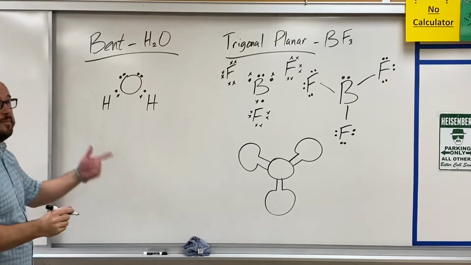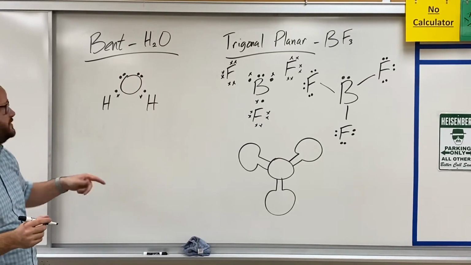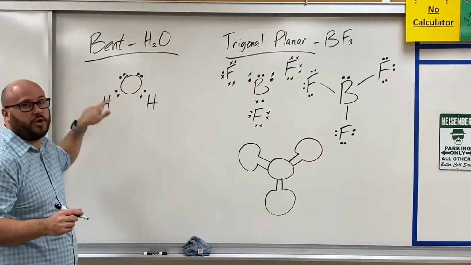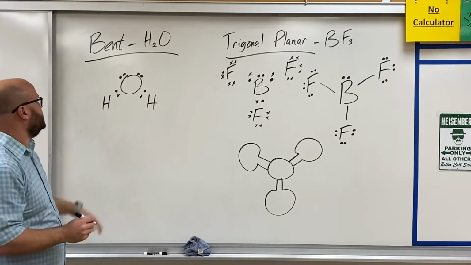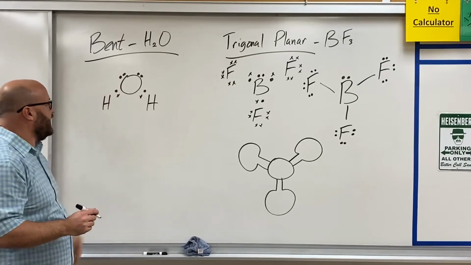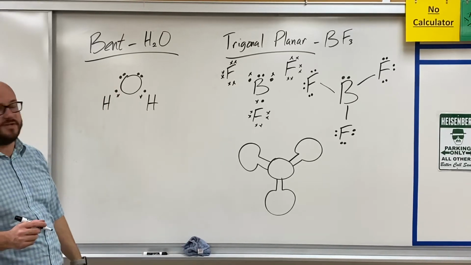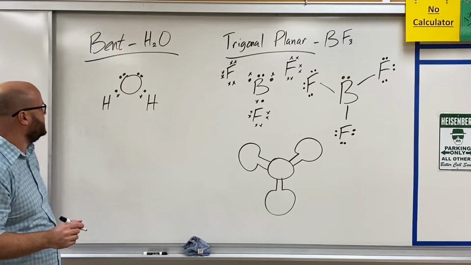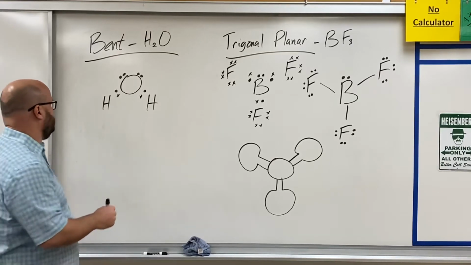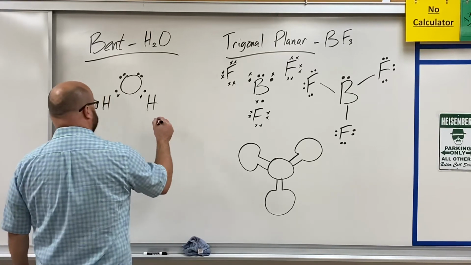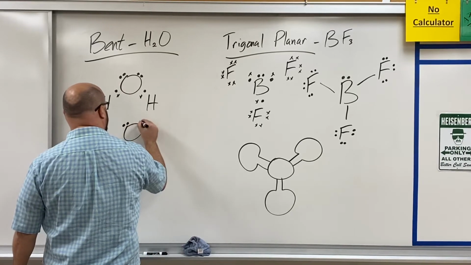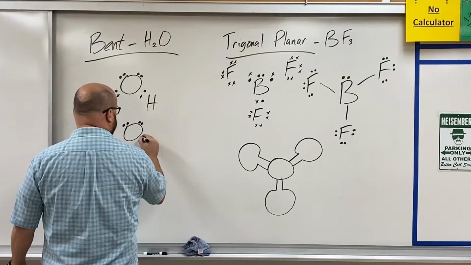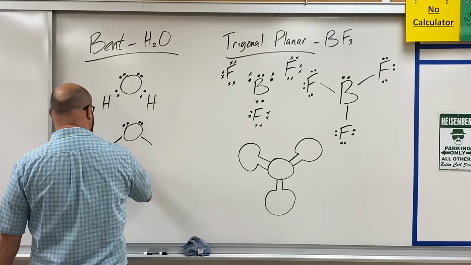And if you remember back to our electron chapter, unshared pairs push harder than shared pairs. So that's why these angle those 2 hydrogens down into this bent formation. And if we were to draw that shorthand wise, it would be oxygen, single bond, hydrogens.